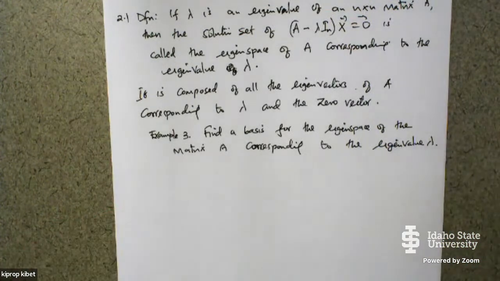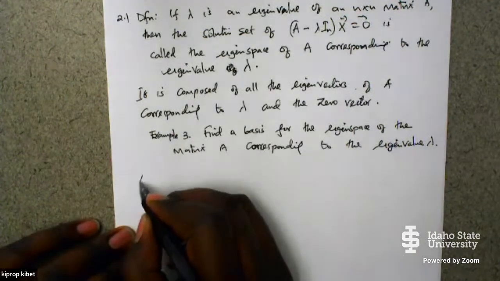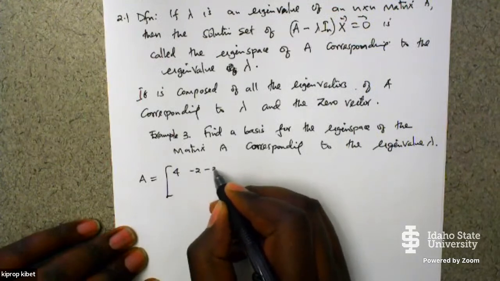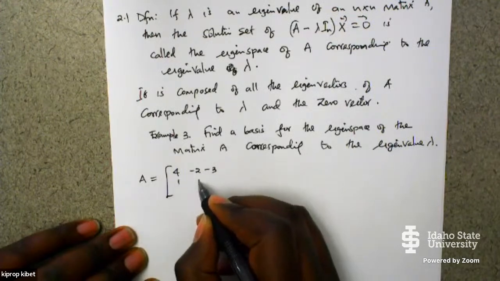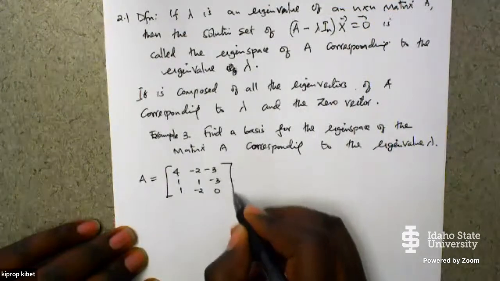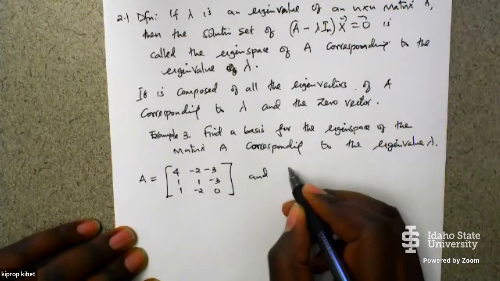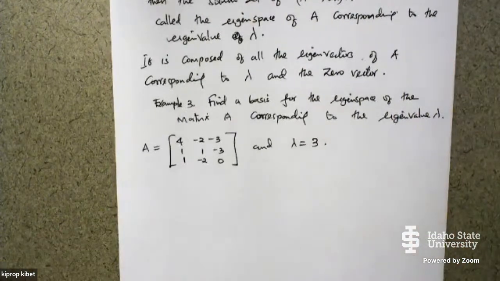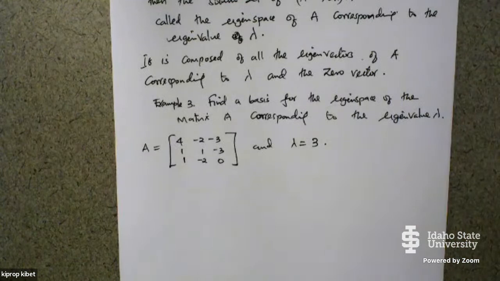If we have our A equal to 4, minus 2, minus 3, 1, 1, minus 3, 1, minus 2, and 0, and lambda equals 3. So find the basis.